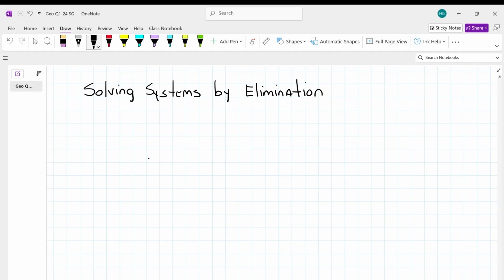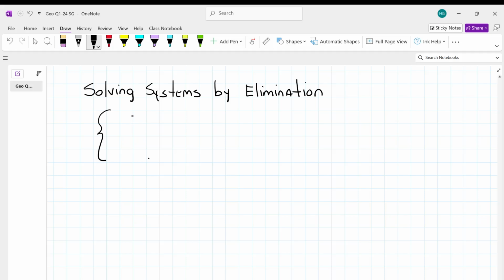And once you get a little bit of experience with this elimination technique, you'll probably use it instead of the substitution. Doesn't matter how you solve the system, but I think elimination might be the simplest.